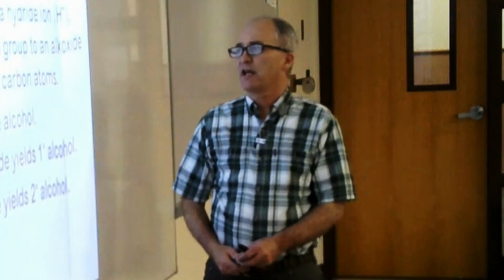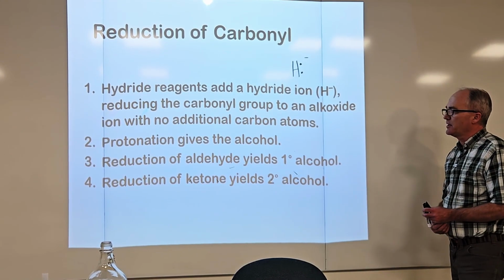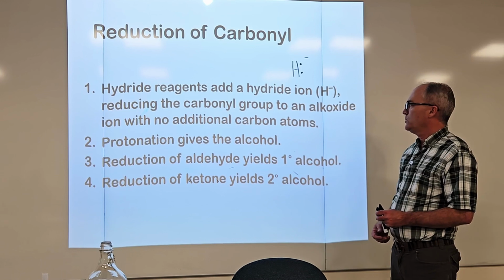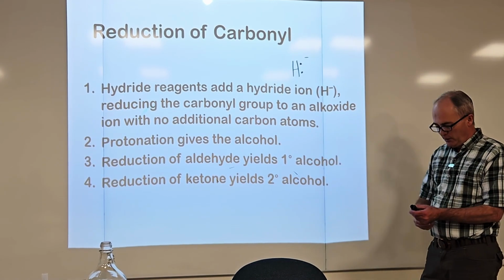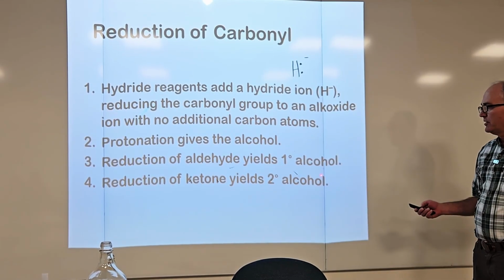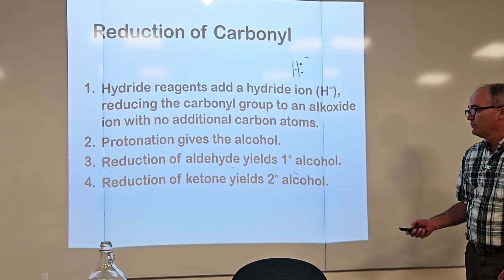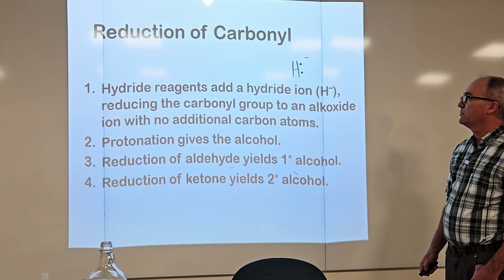Hydride reagents add a hydride ion, reducing the carbonyl group to an alkoxide ion with no additional carbon atoms. Protonation is going to give you the alcohol, and so if we reduce an aldehyde, we get a primary alcohol. If we reduce a ketone, we're going to get a secondary alcohol.